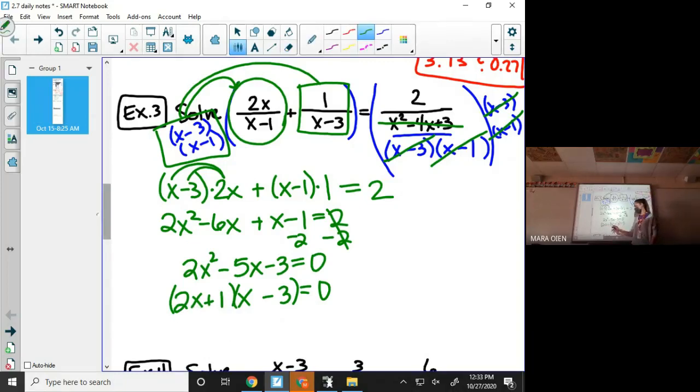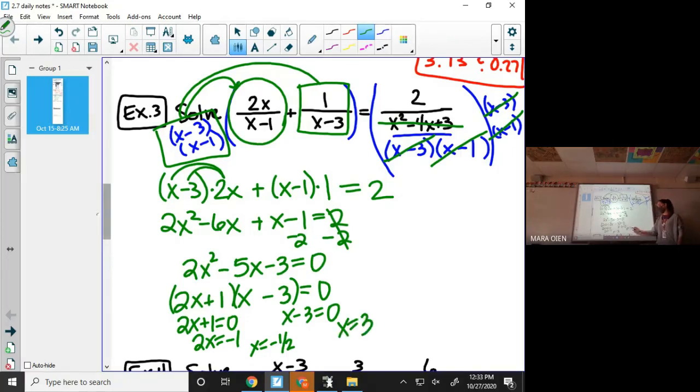And then I can set each piece equal to 0 and solve. When I solve this first piece, I'm running out of space, so I'm not going to show every step. I get 2x equals negative 1, divide both sides by 2, and I get x equals negative 1/2. And when I solve this next one, I'm going to add 3 to both sides, and I get x equals 3.